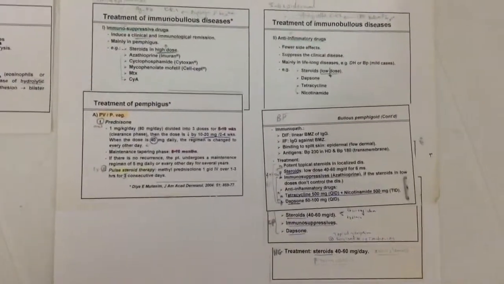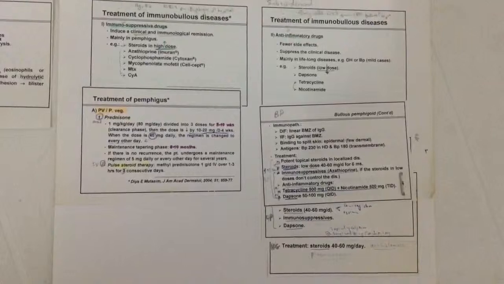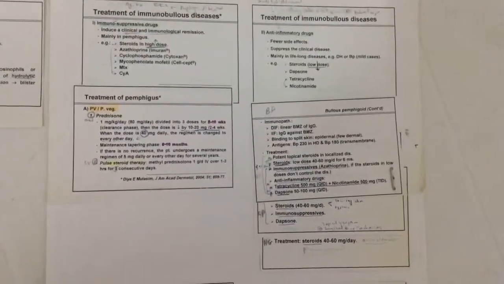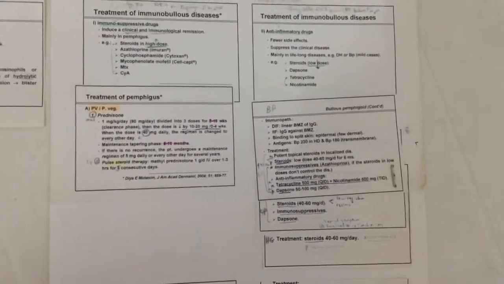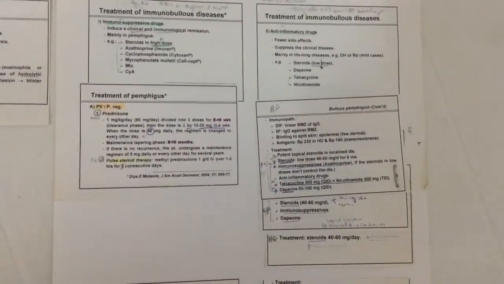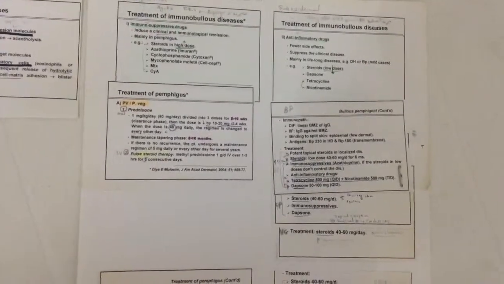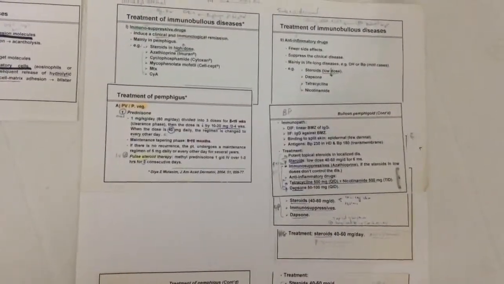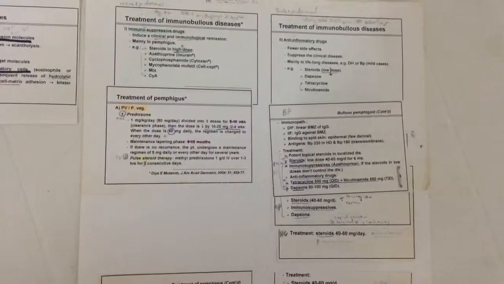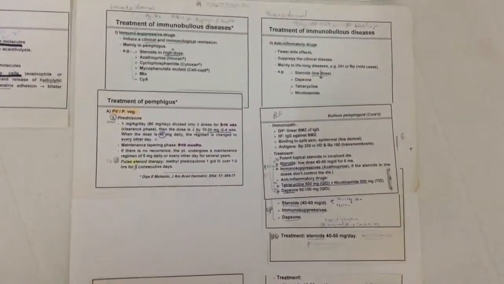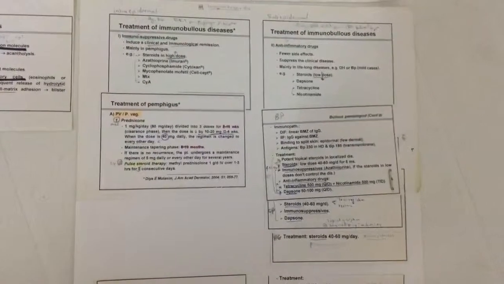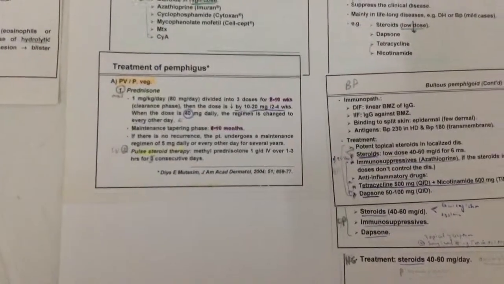For the bullous pemphigoid group, we give anti-inflammatory drugs: low doses of steroids and also dapsone, tetracycline, and nicotinamide. For the pemphigus vulgaris group, we give a high dose of steroid, with steroid-sparing agents such as azathioprine, cyclophosphamide, mycophenolate mofetil, methotrexate, and cyclosporin A. For the details, prednisolone 1 milligram per kilogram per day, and or pulse therapy or intralesional therapy.